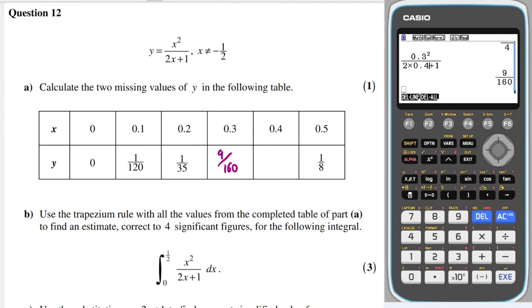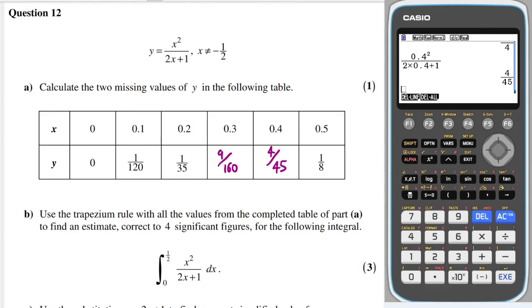Change that to 0.4. And we get 4 over 45. Great. Easy marks.